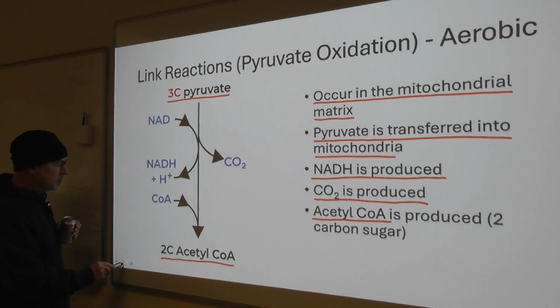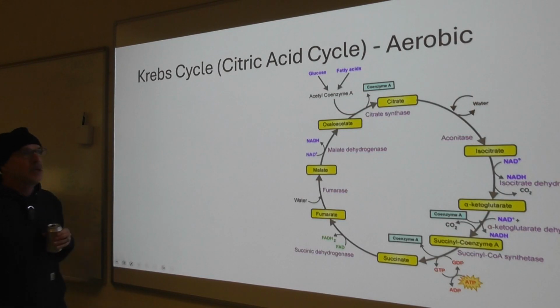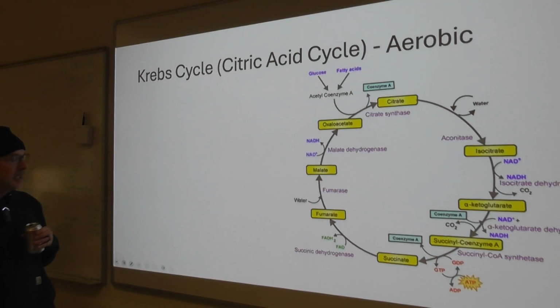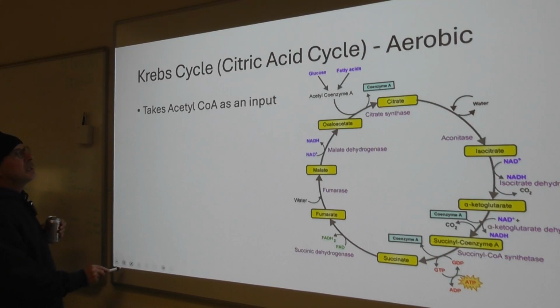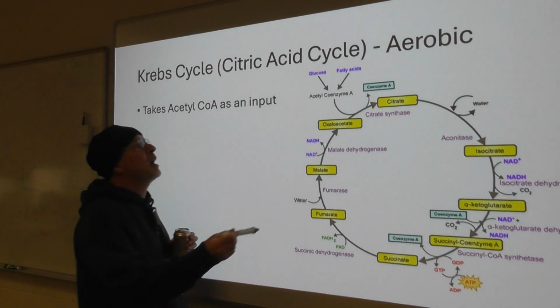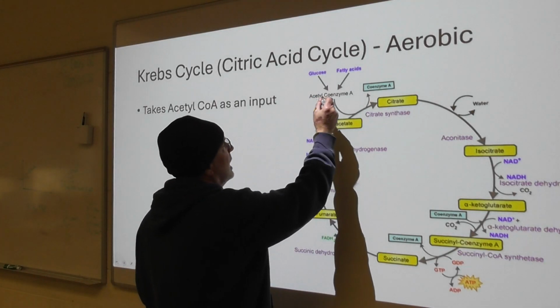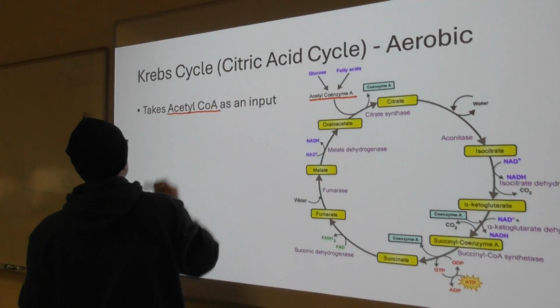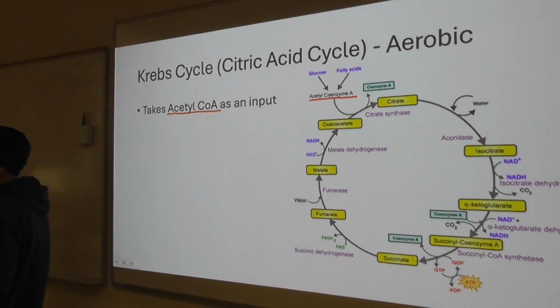All right. So here's some other stuff that goes on. The next step in aerobic respiration also takes place in the mitochondrial matrix, and this is called the Krebs cycle, or the citric acid cycle. And it takes what we just produced from the link reactions as an input.